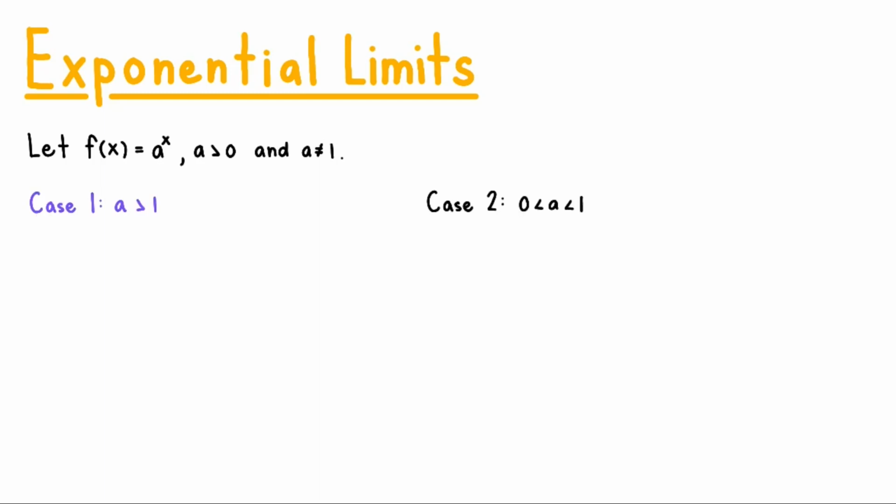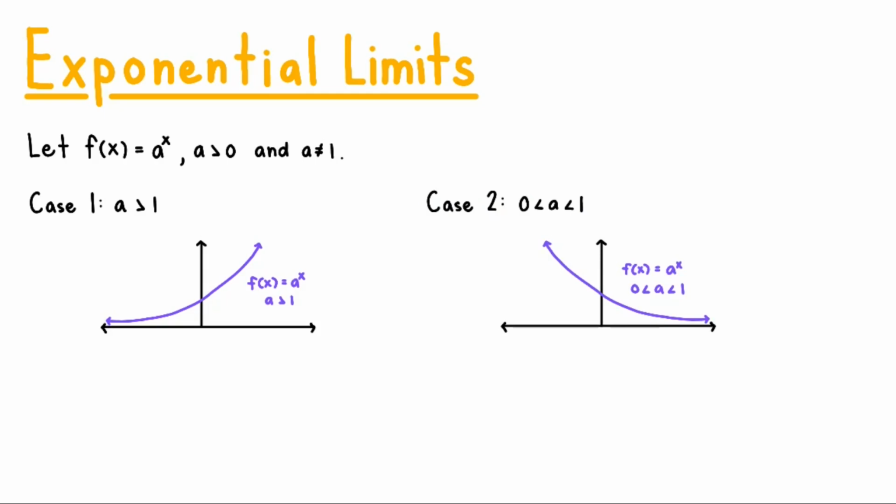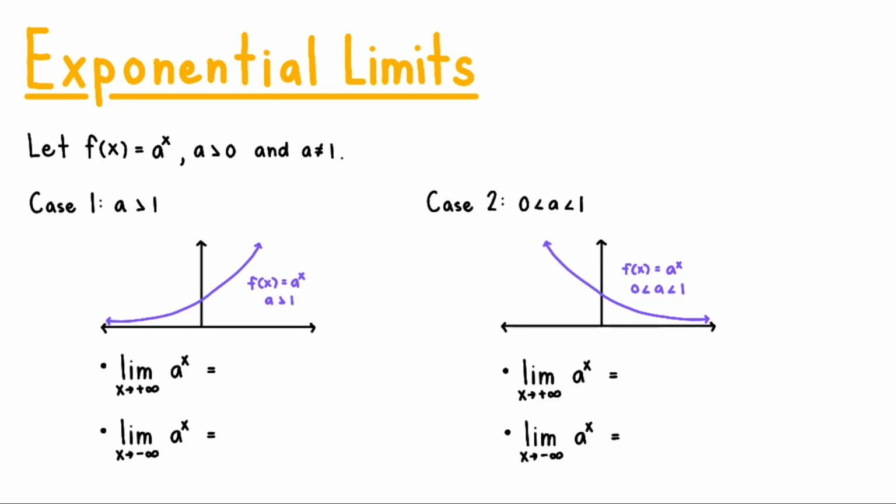For the first case, its graph would look something like this. So it is an increasing function. For the other one, for the case 2, its graph would look something like this. Now a decreasing function. Now, given this, let's try to find the limits at infinity of these two cases.